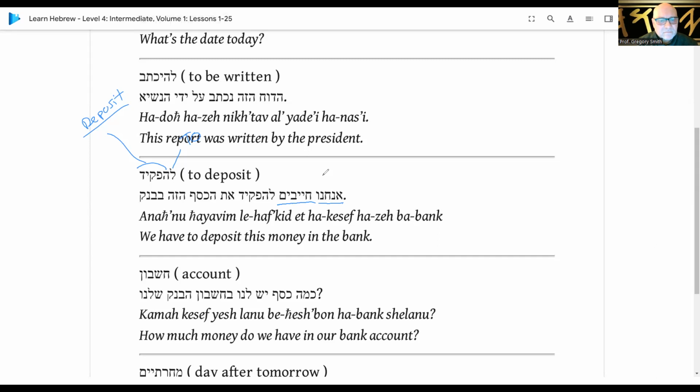No. All right, this is the new one. It looks like it's a chet. Oh, it has to do with must. אנחנו חייבים. Chayavim. אנחנו חייבים. Look at that. Chayavim. Has to do with must.